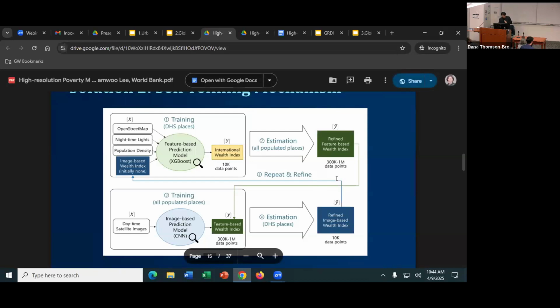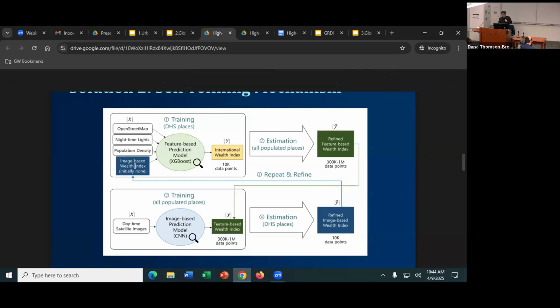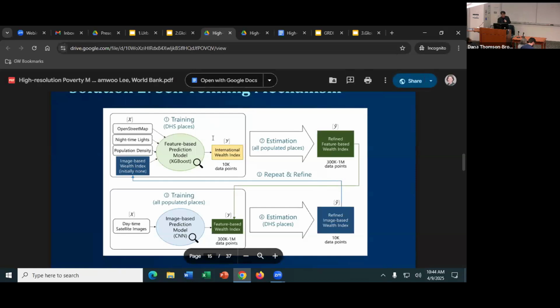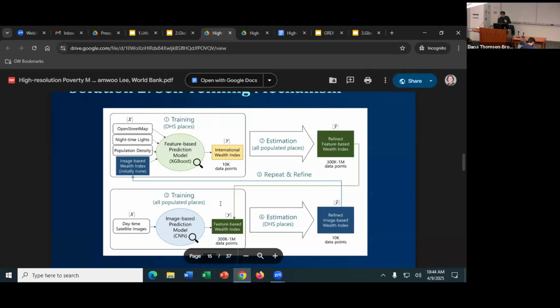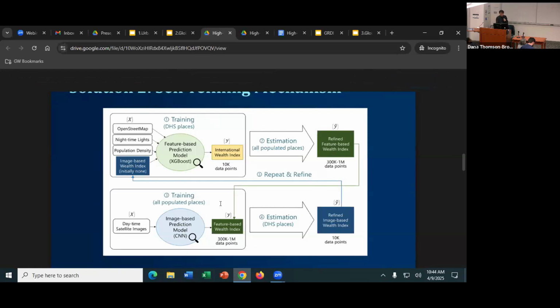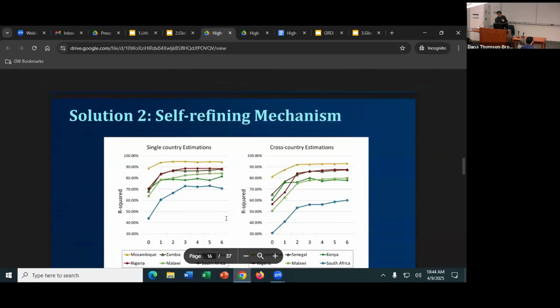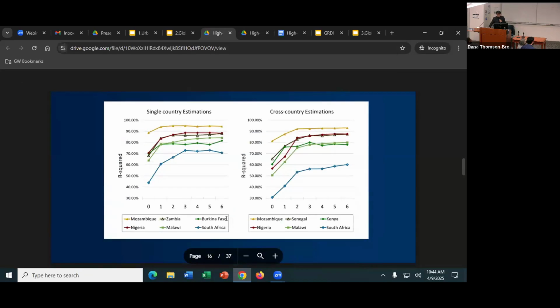I channeled it to the feature-based prediction model because I already made it a feature. I trained the feature-based model again and got a better result. I channeled it again to the image-based model. And I did the process 7 times until it stabilized.